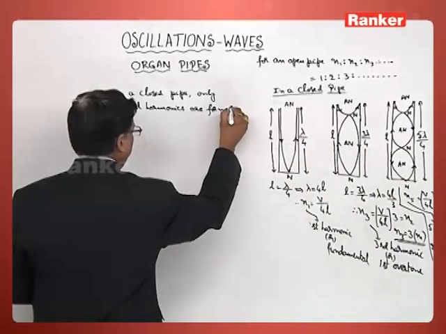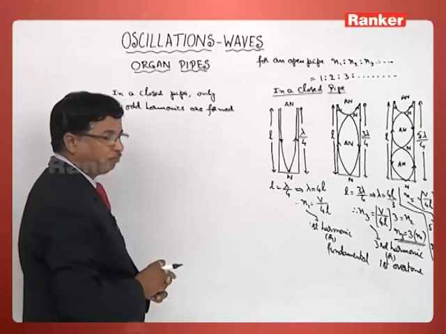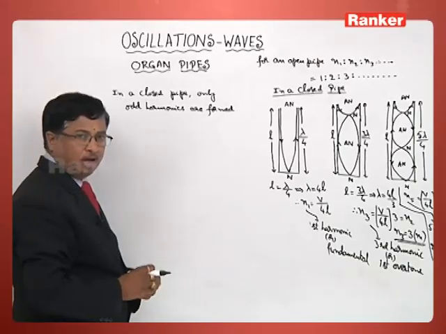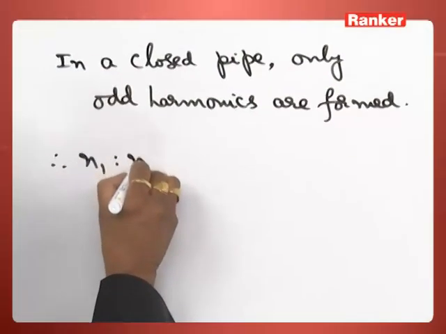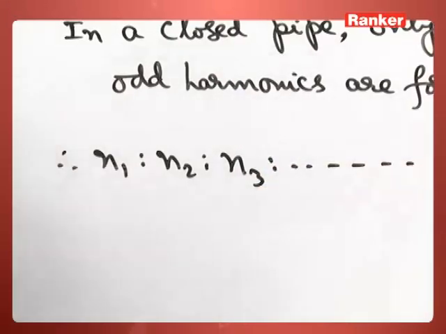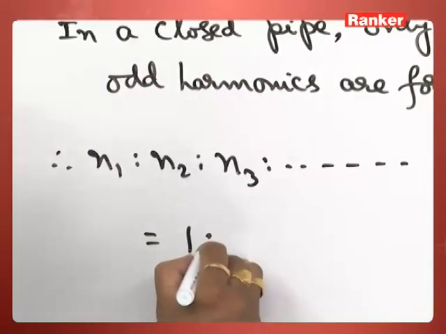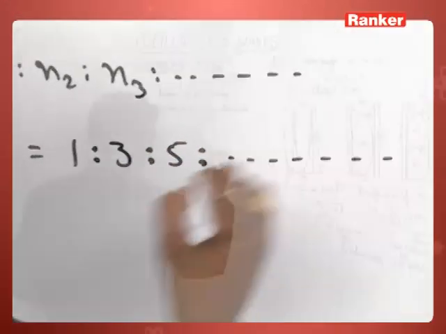That means we never find even numbered harmonics formed in them. And second aspect, if I write N1 is to N2 is to N3 and so on, that now will be 1 is to 3 is to 5 is to 7 and so on.